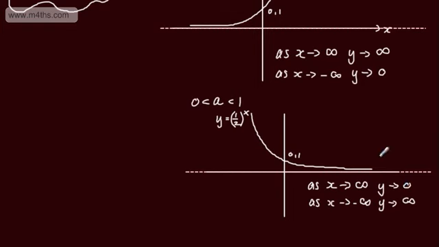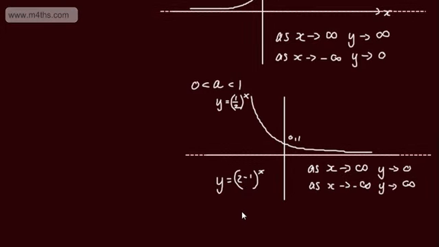Now, if we look at this here, y = (1/2)^x, I could actually write this as y = (2^-1)^x. Using the rules of indices, (a^m)^n is a^(m×n).